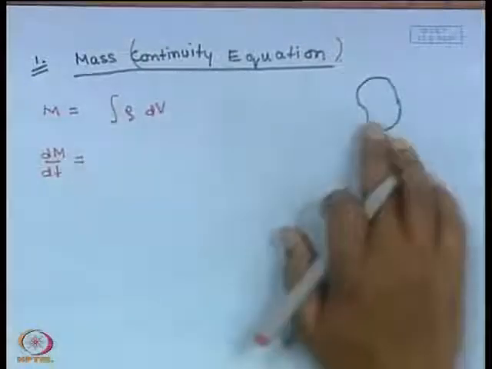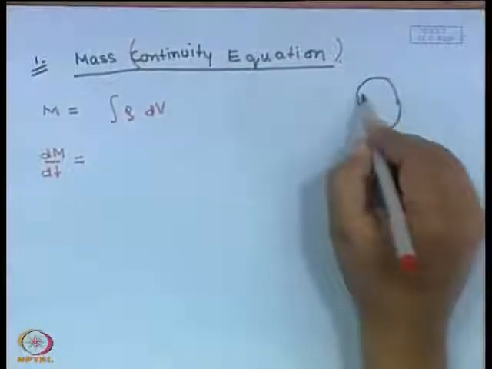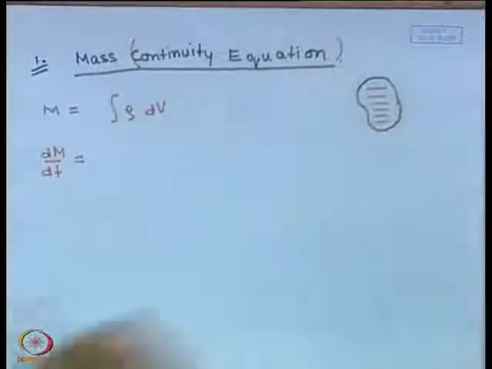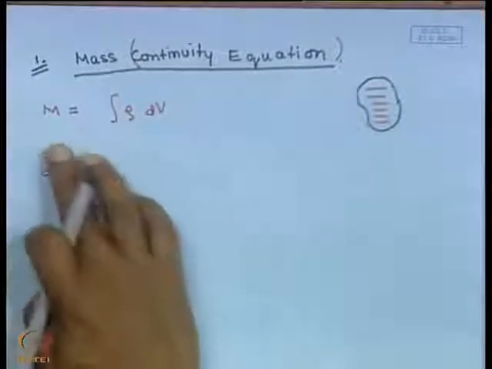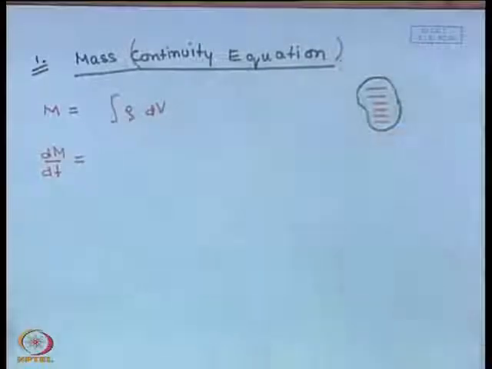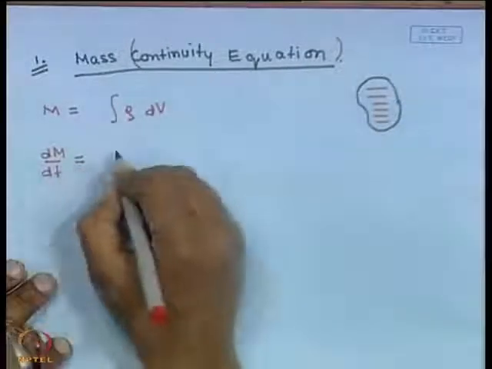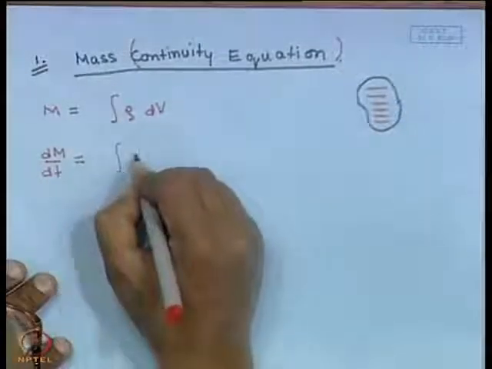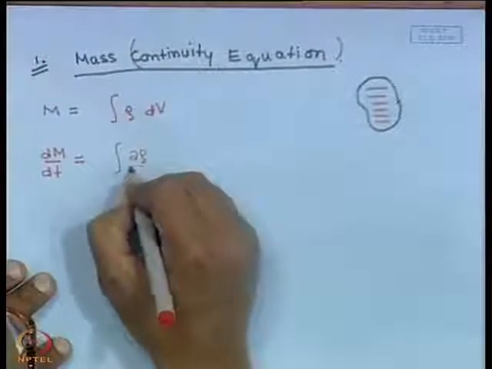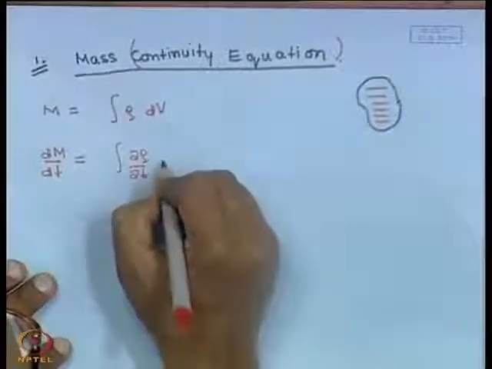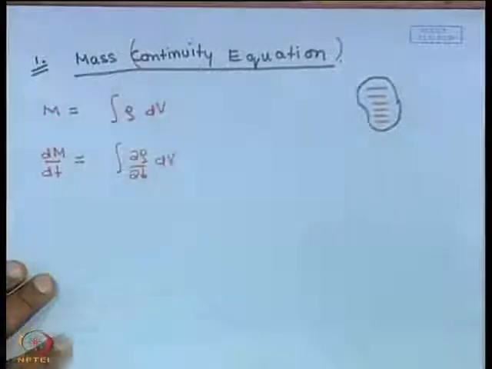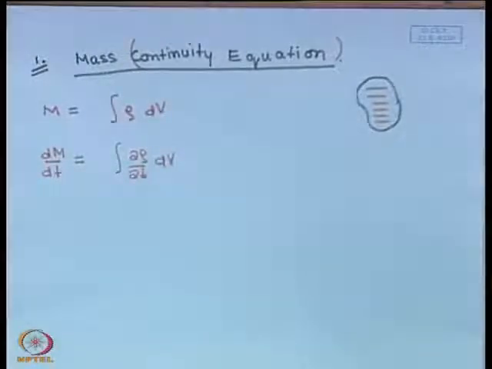The mass in this volume can change only because of the change in the density, right, because the mass is the integral of the density. So, the rate of change of the mass will be the integral of del rho del t dV, where the integral is over this volume.